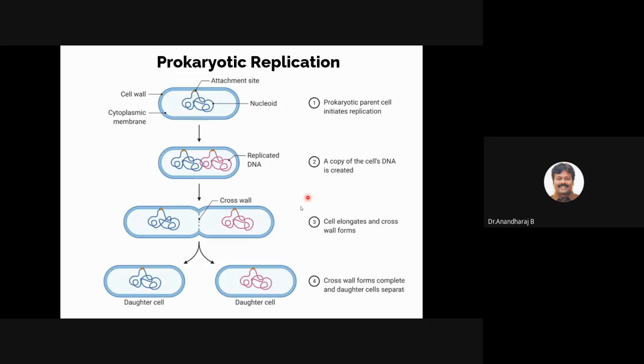My question is, from the single parent cell, two cells will come. One cell will be converted into two cells, and both we call daughter cells. Instead of saying this is the parent cell and this is the new daughter cell, why are both cells called daughter cells?